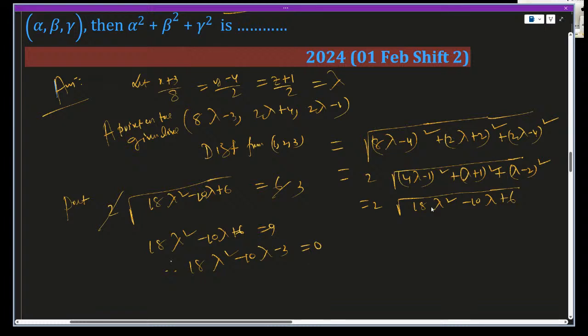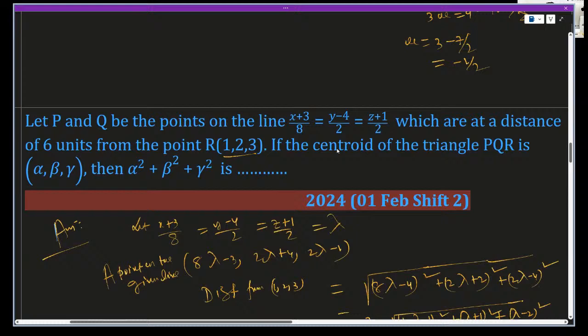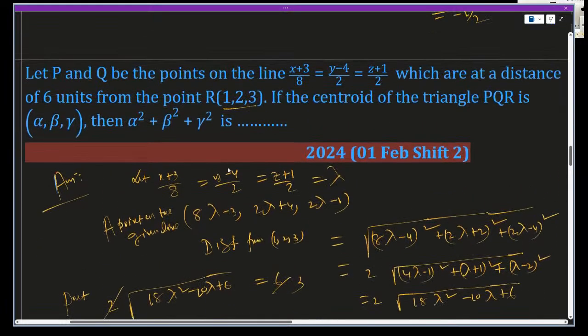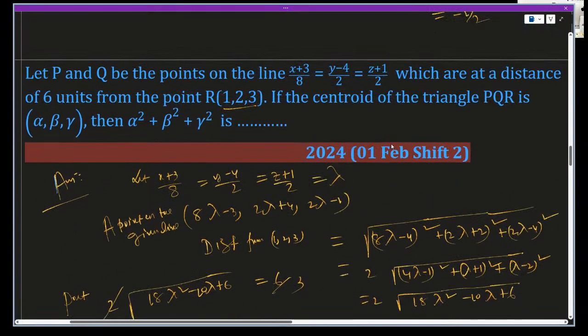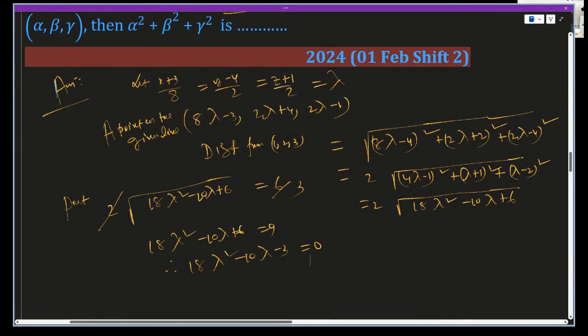6 unit distance, no? From this line. 1, 2, 3 is the point. This is 12.